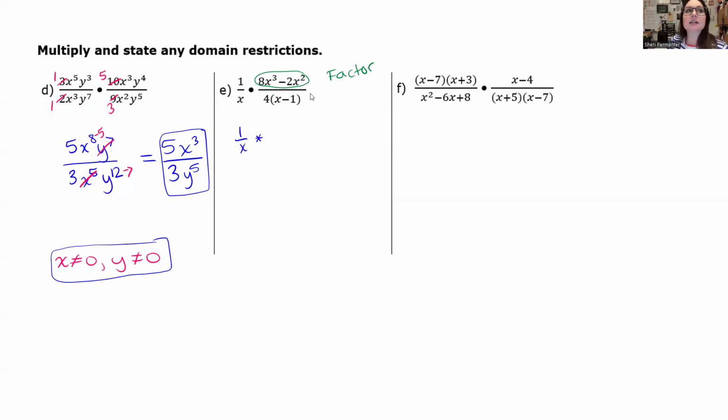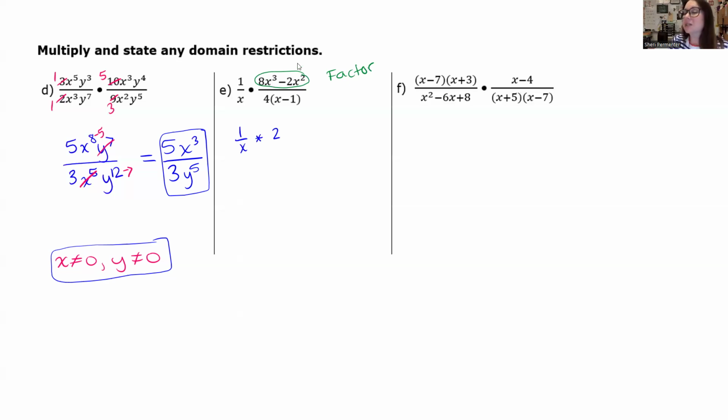And then when I factor, I'm looking for the greatest common factor for this one. So it's the biggest number that can go into both 8 and 2. What's the biggest number that can go into both 8 and 2? 2 is the biggest number. And then I'm going to also divide out the x's. And I have 3 here and 2 here.